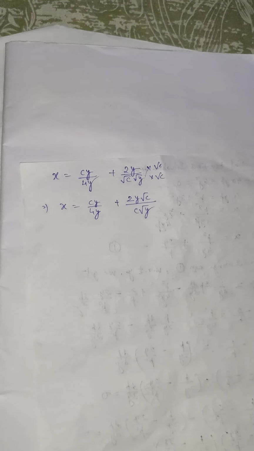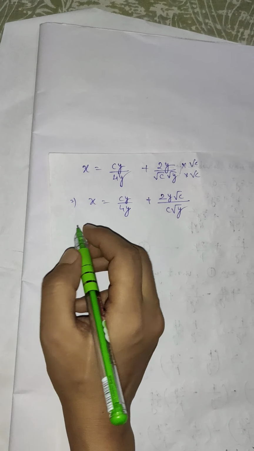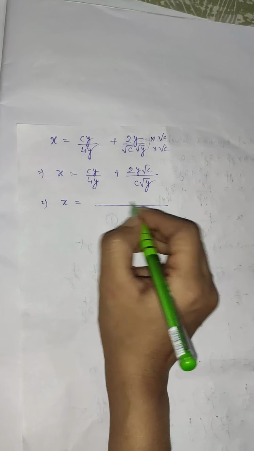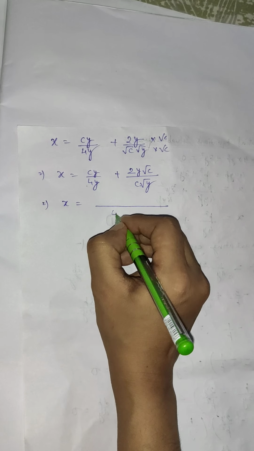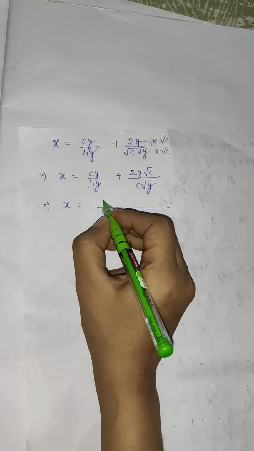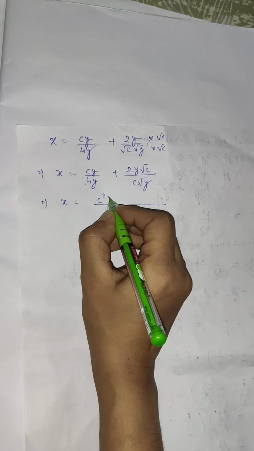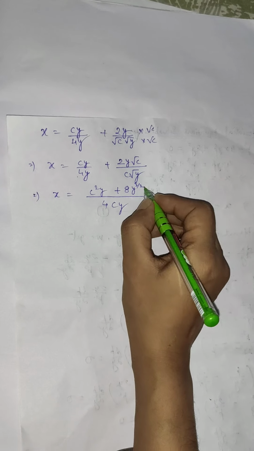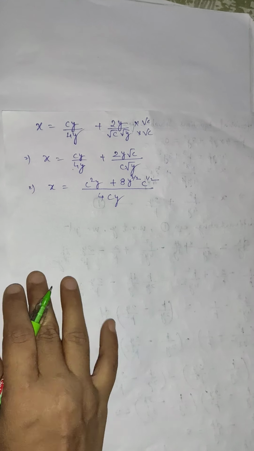Now we need to take LCM. So we will have x is equal to, what will be the LCM? LCM will be 4cy, and here we will get c square y plus 8y power 3 by 2 c to the power half.